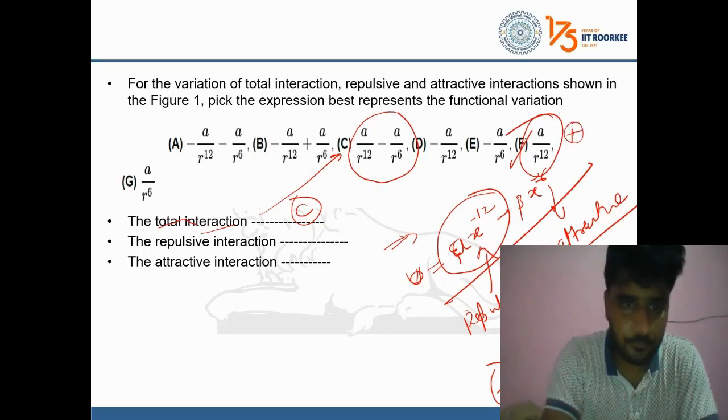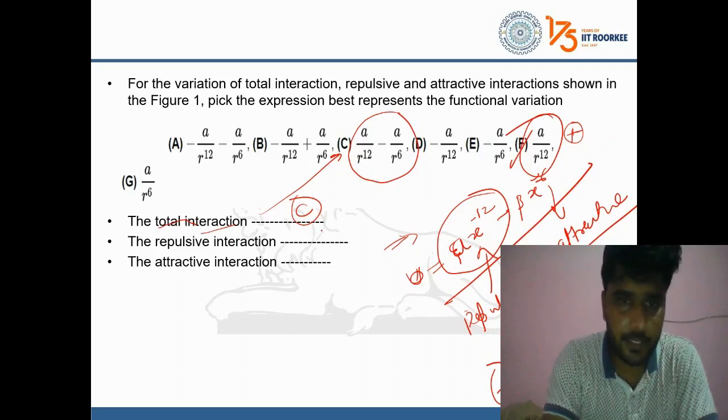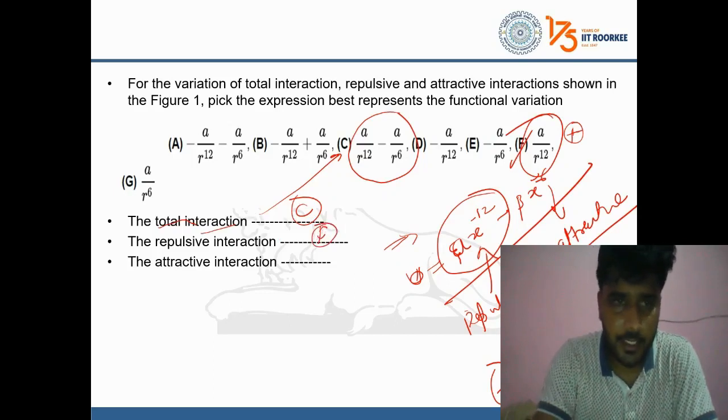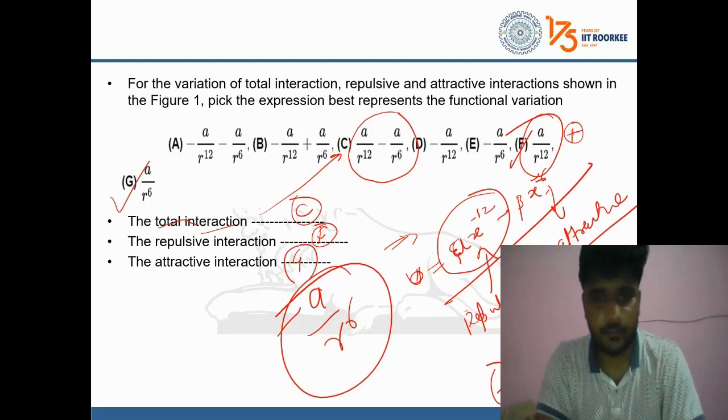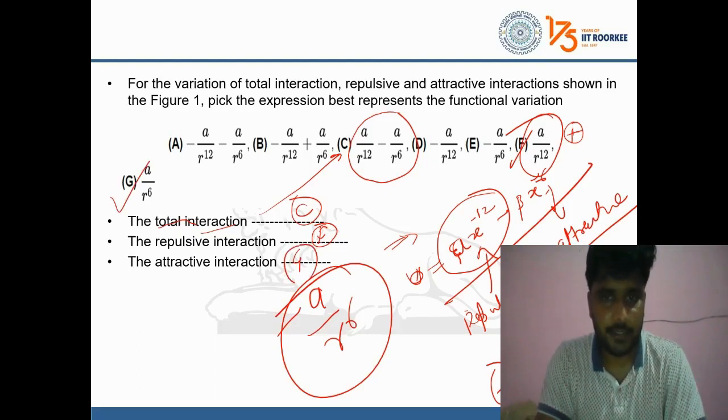So the repulsive interaction will be represented by the f term. The third is the attractive interaction, which is minus a over r to the power 6. So the g value will be representing the attractive interaction. This was a formula based question. I am going to the next question now.